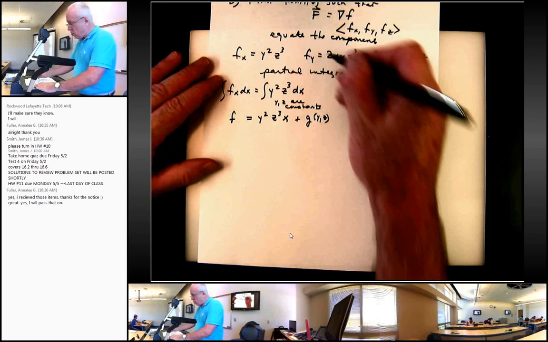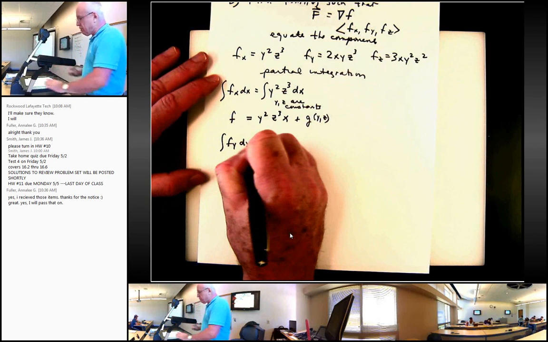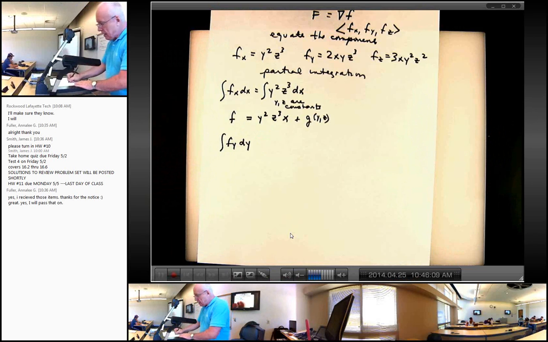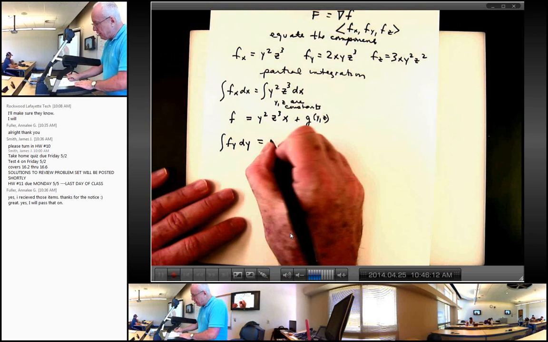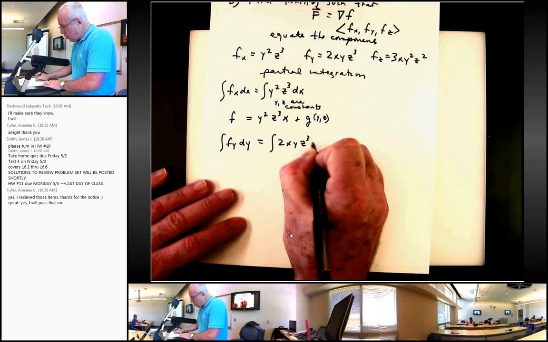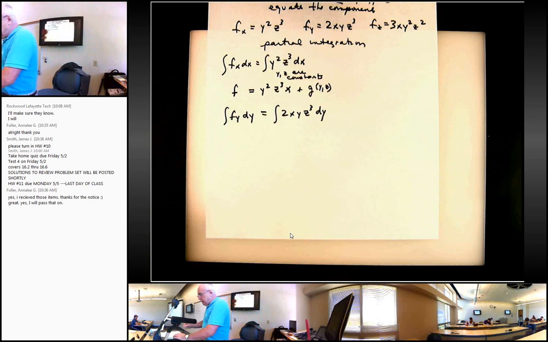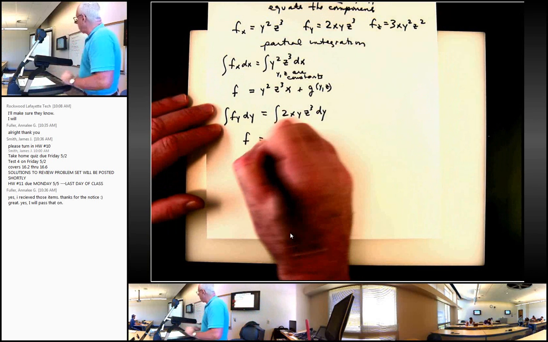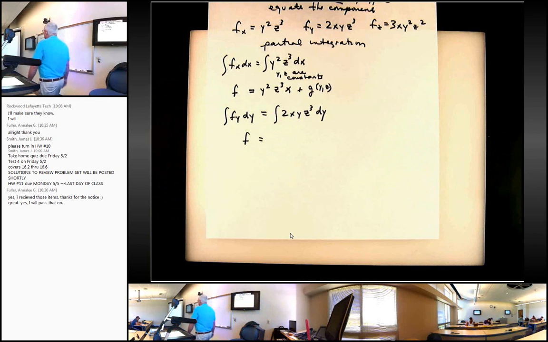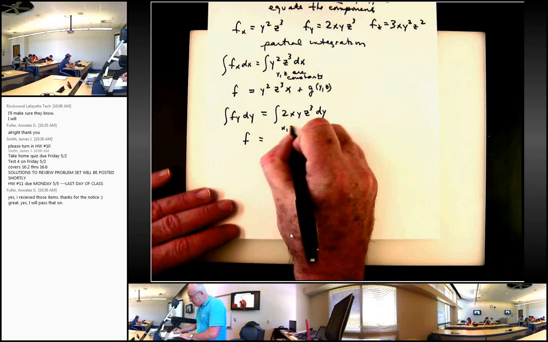So for my fy, I'm going to do the antiderivative of fy, this time with respect to y, and I'm going to do the corresponding antiderivative of 2xy z to the third, also with respect to y. And then again, that left-hand side is just going to change into my little f function. On the right side, I integrate with respect to y, so x and z are constants.